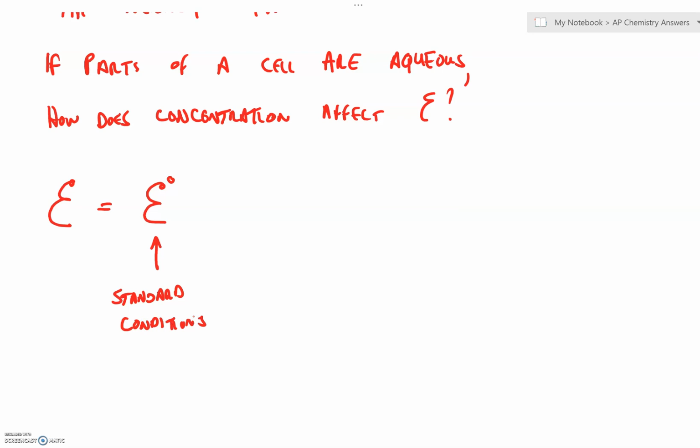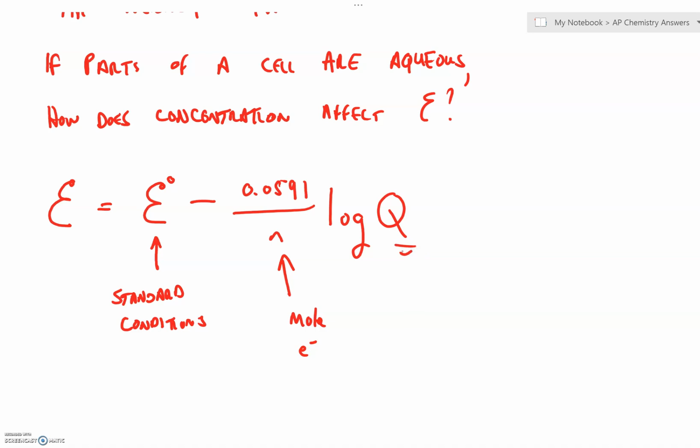We are going to take our cell potential under standard conditions, which would be the cell potential that we would find any other way, and we are going to subtract from that this monster, 0.0591 over n times the log of our old buddy Q. You know that n is going to be moles of electrons, and this guy Q is the ratio of products to reactants at the beginning.